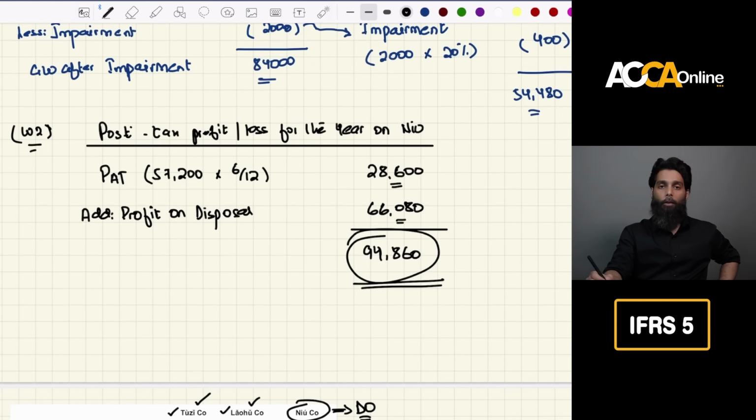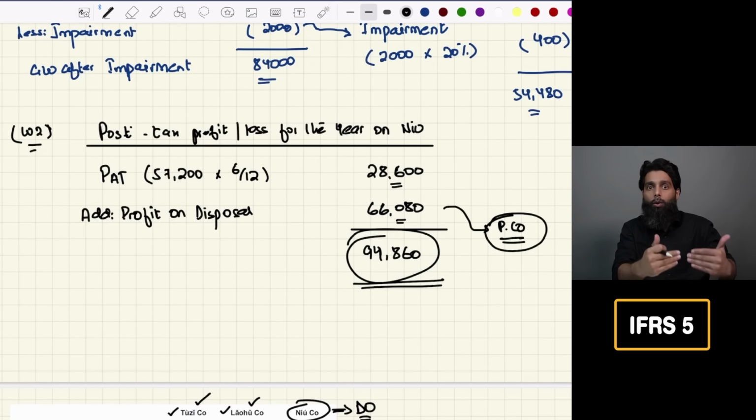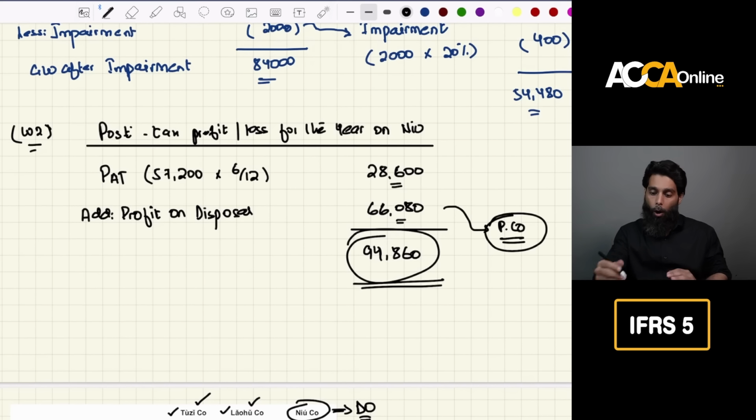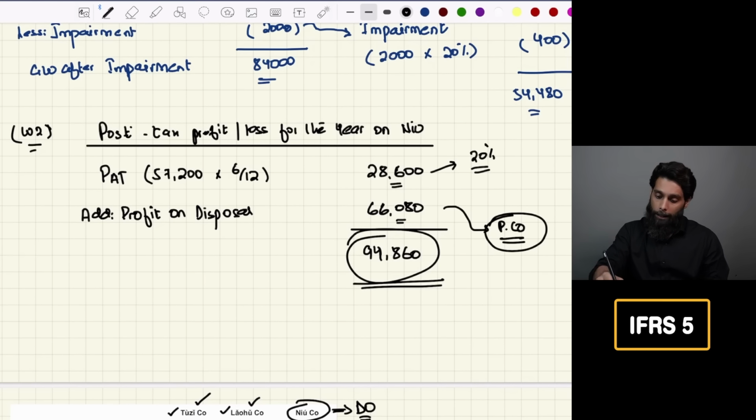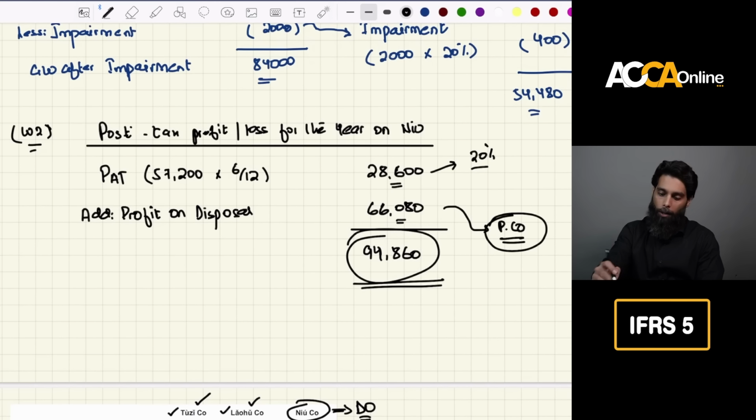And then there was some profit on disposal. Remember, this disposal has been made by parent company of its entire shareholding of 80%. So this profit on disposal only relates to parent company because they have sold their shareholding. Only from this 28,600, NCI will get something of 20%. This profit only relates to the disposal of holding of parent company, and therefore all this profit on disposal goes to parent company.